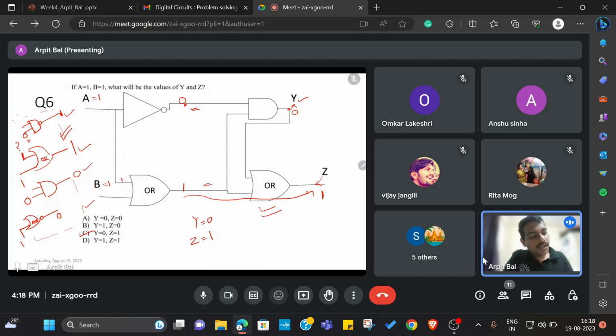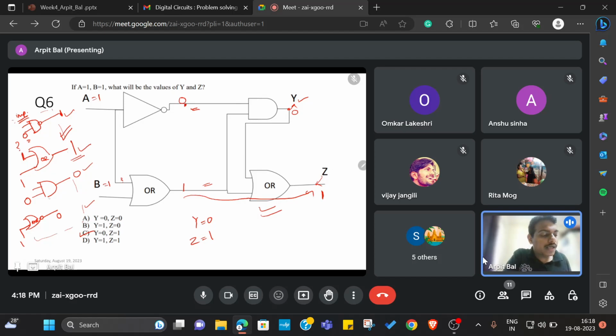Then we discussed an important property of gates: if it is an OR gate and any one input is 1, then the output is going to be 1 irrespective of the second input. Whether the second input is a 1 or 0, we need not bother about it.